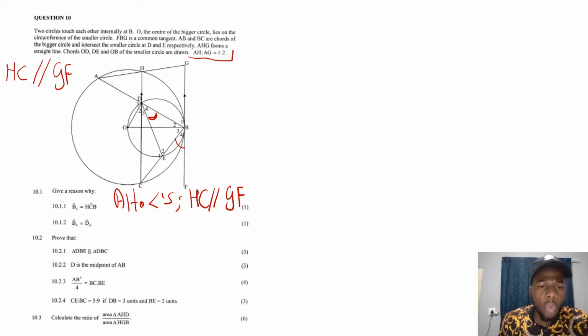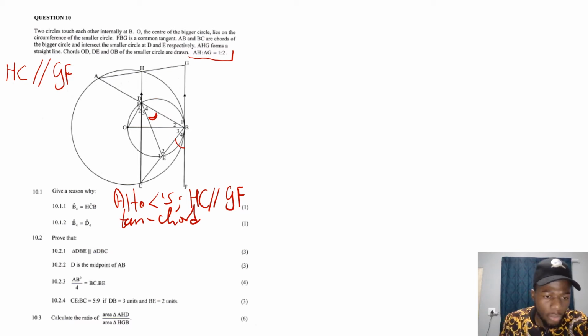So always when you have a tangent, you must think about the tangent being perpendicular to the radius or to the diameter, and also think about the tan chord theorem. So here, angle D4 and angle B4 form a tan chord theorem. I hope we all remember the tan chord theorem. So we'll write tan chord theorem. That's the reason.